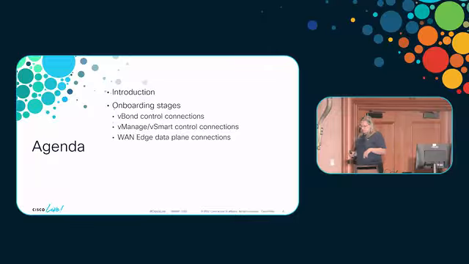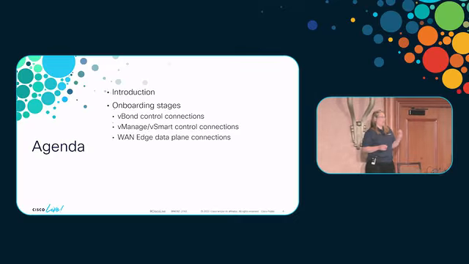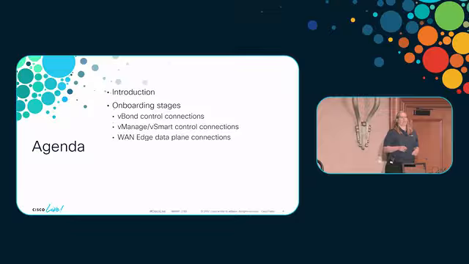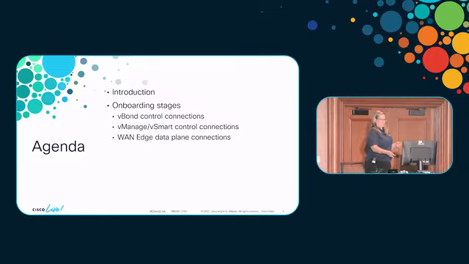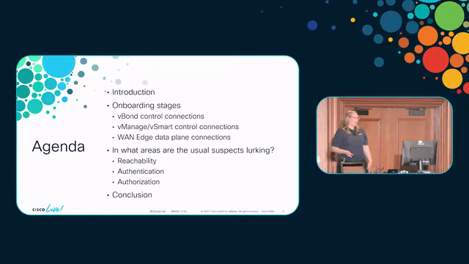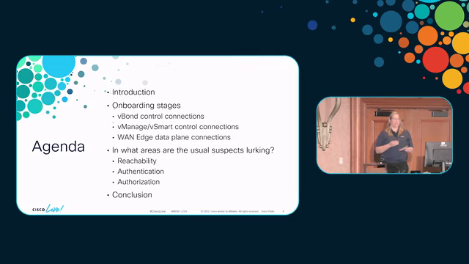Within those stages, there are definitely things that can go wrong. There's a lot of moving parts. The areas that I want to focus on in each one of these stages are reachability, authentication, and authorization. So that's where our usual suspects are typically lurking.